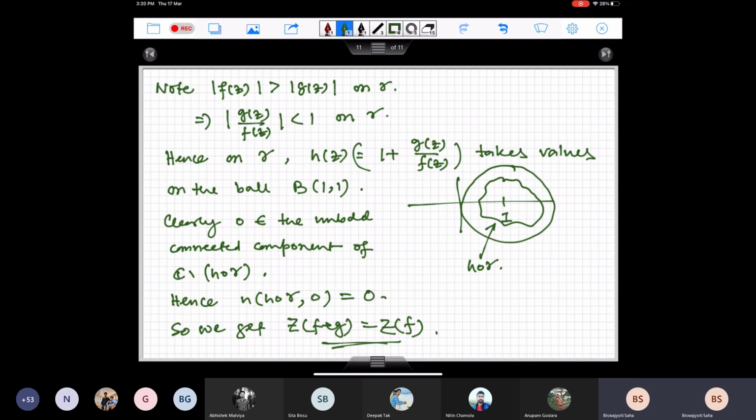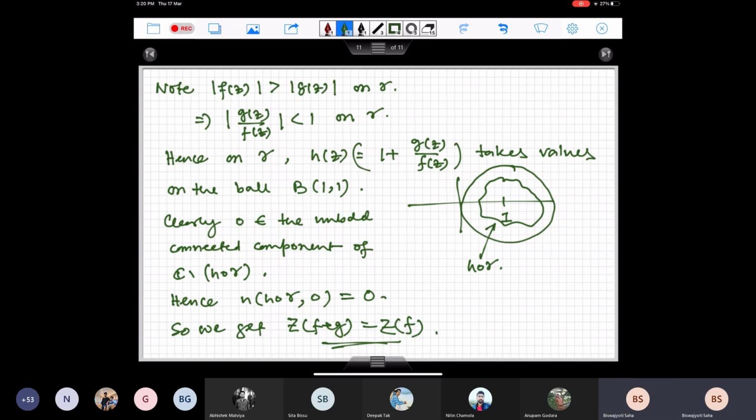Here, like I said, the important understanding that you need to take is that the integral in the argument principle tells you the difference of the argument of f composed gamma at 1 and at 0, and thereby this is nothing but the winding number of f composed gamma around 0.